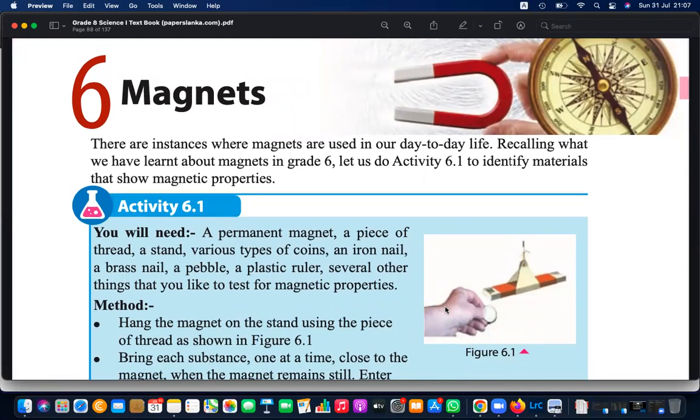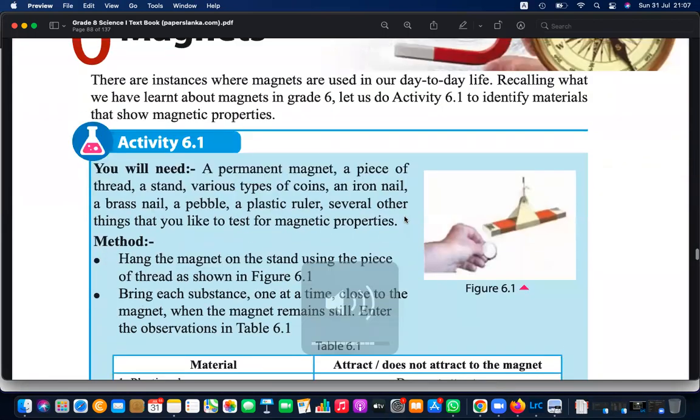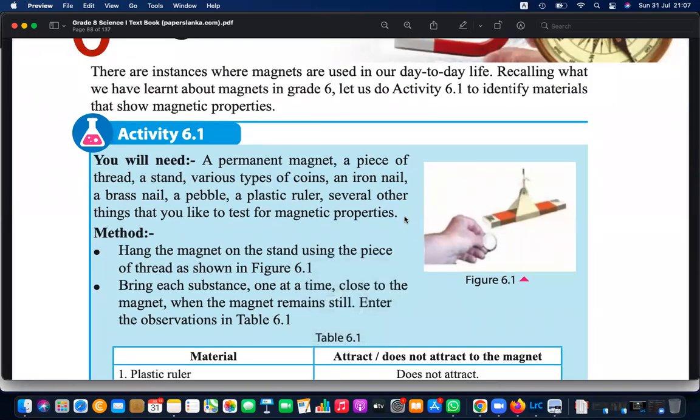So magnets are very important components used in our day-to-day life, right? Motors depend on magnets, and electricity can be produced using magnets.